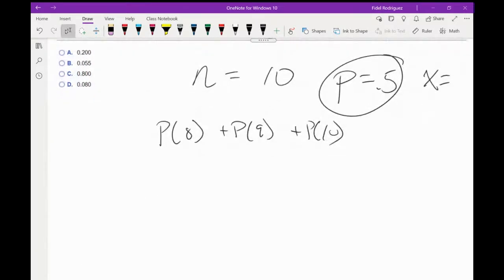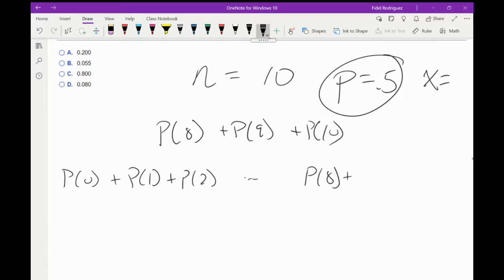Remember how I can do this. I want you to think about the general idea. If I have the probability of 0 plus the probability of 1 plus the probability of 2 all the way to 10, that number is going to be equal to 1.